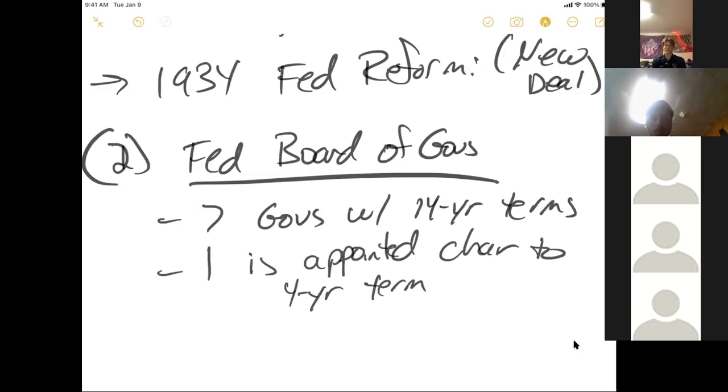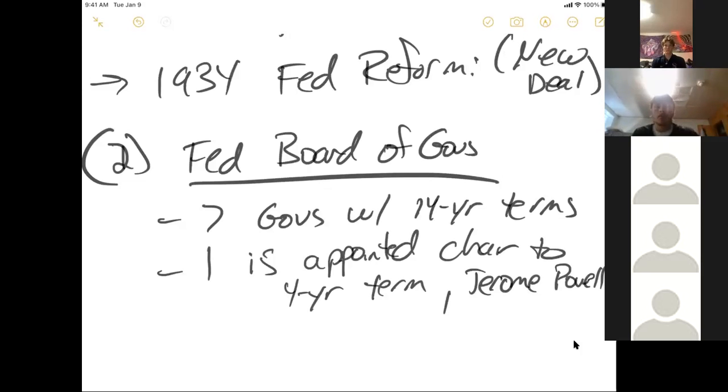One is appointed as chair for only a 4-year term, and that is currently Jerome Powell, who was appointed by President Trump. The previous chairman of the Fed was Janet Yellen, who's now Treasury Secretary under Joe Biden. Okay.